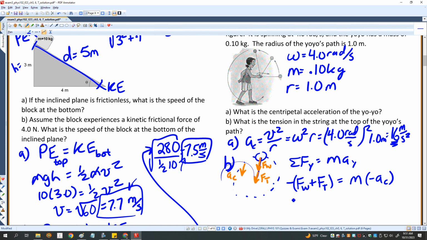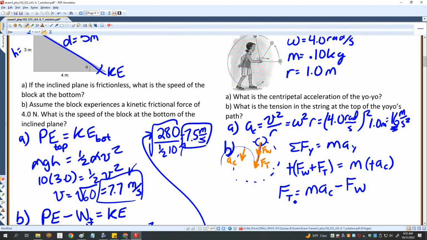All right, so the effect of that is that both of those negatives go away. They cancel one another out. I'm looking for the tension, so I'll just solve this for the tension. That's going to be m ac minus the weight, which is 0.1 kilograms times 16 meters per second squared minus the weight.